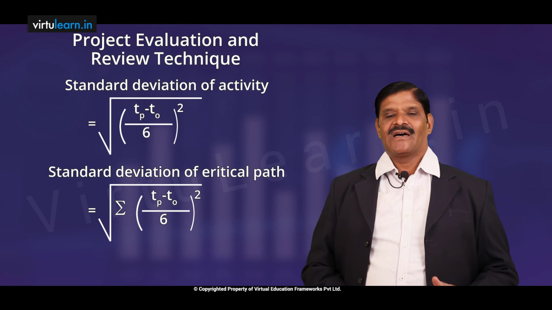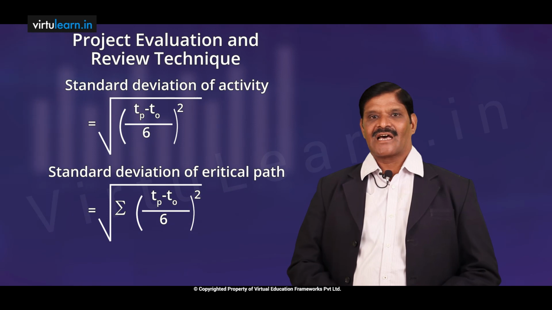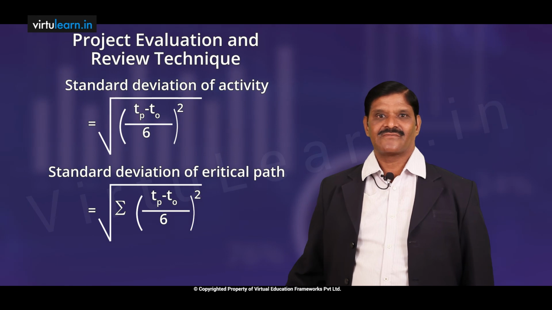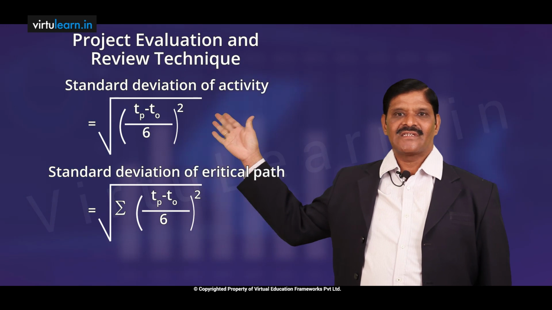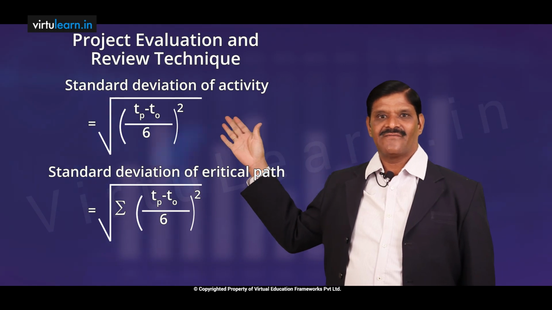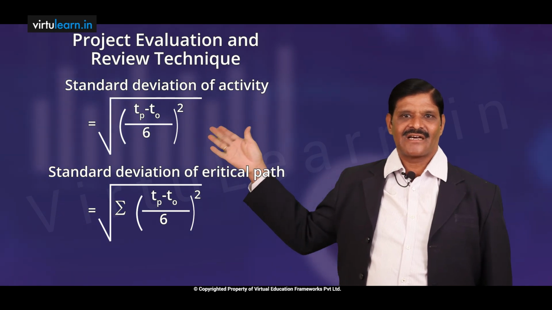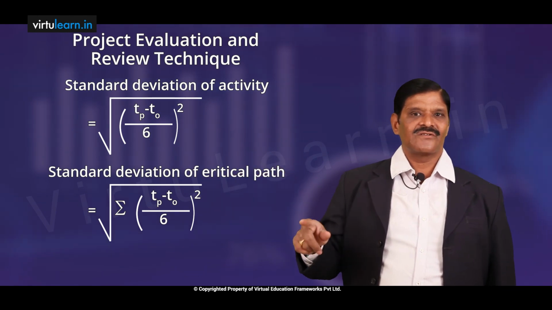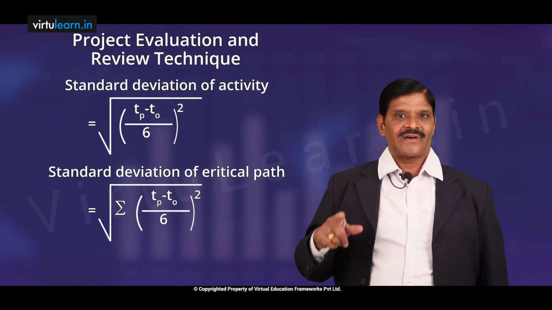In that case, we use the normal completion time and the time which we are prescribing, this 40 weeks, and the probability is given by this equation. So we will find a value known as Z. Z represents the area covered under the normal distribution curve. That area covered under the normal distribution curve will show us the probability of completing the project for a given time.